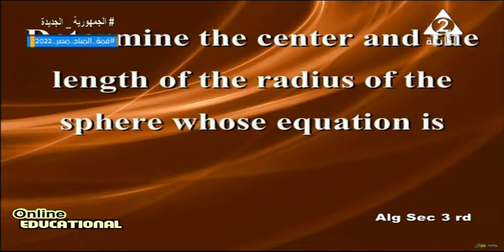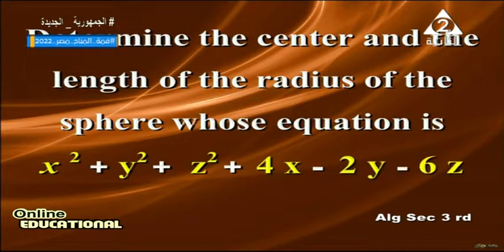How to determine the center and the length of the radius of a sphere whose equation is x squared plus y squared plus z squared plus 4x minus 2y minus 6z plus 11 equals 0. At first, what is the center?